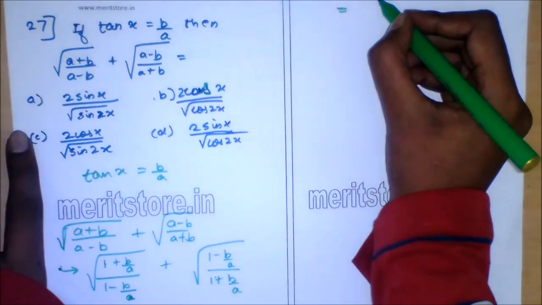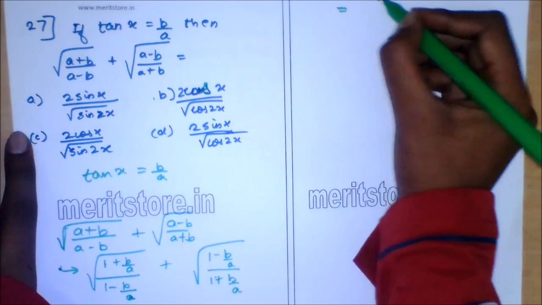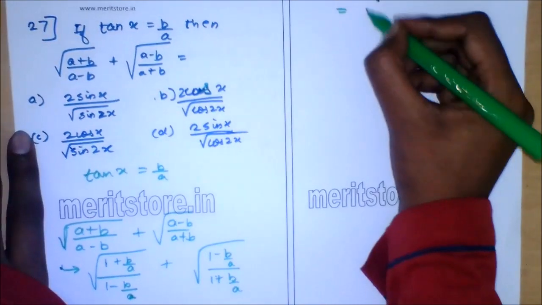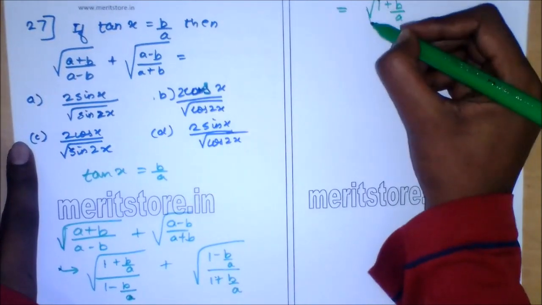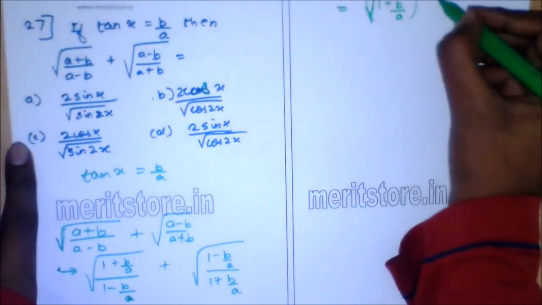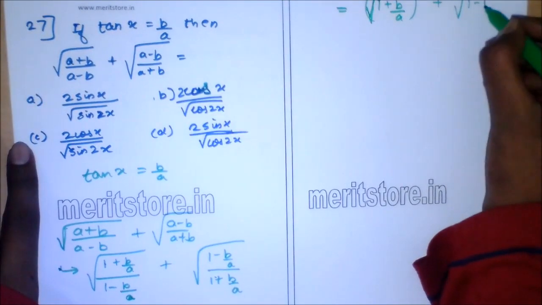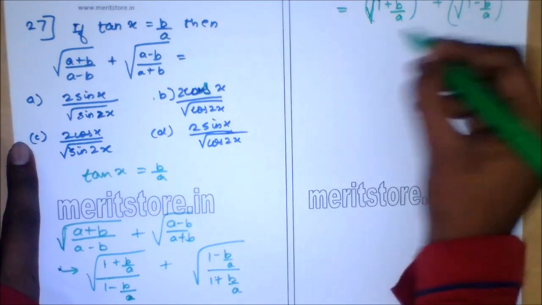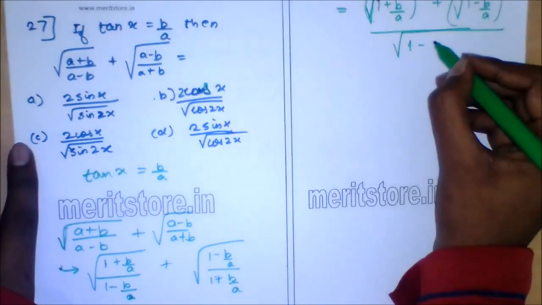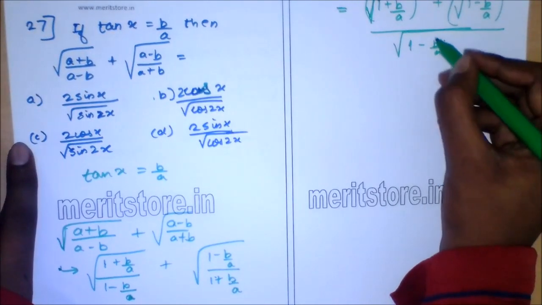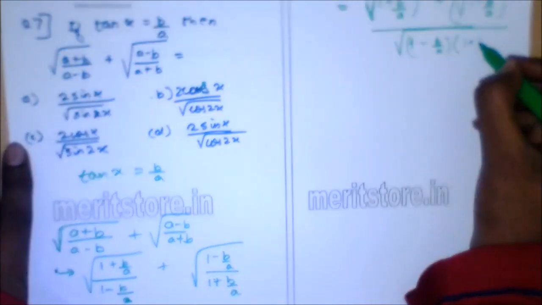That is equal to, we cross multiply it now, so we get root of (1 plus b by a) the whole square plus root of (1 minus b by a) the whole square upon root of (1 minus b by a)(1 plus b by a).